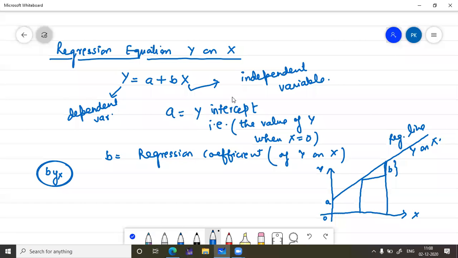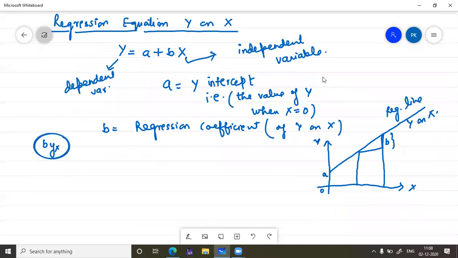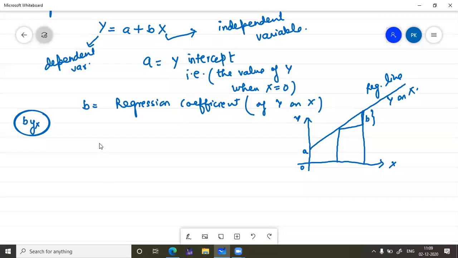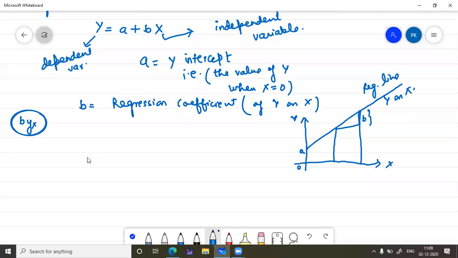Now, in order to compute the values of a and b, we will use two normal equations. No need to go into the proof. I am telling you in short, and based on this, we will go through problems according to your syllabus. Taking the summation on both sides, the first normal equation is summation of y = an + b summation of x.